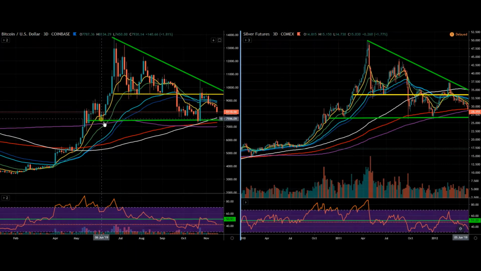A lot of analysts are not even taking into account that it's a base for a potential descending triangle. It blows my mind. A lot of people are just discrediting this as a base at this point in time, I think.